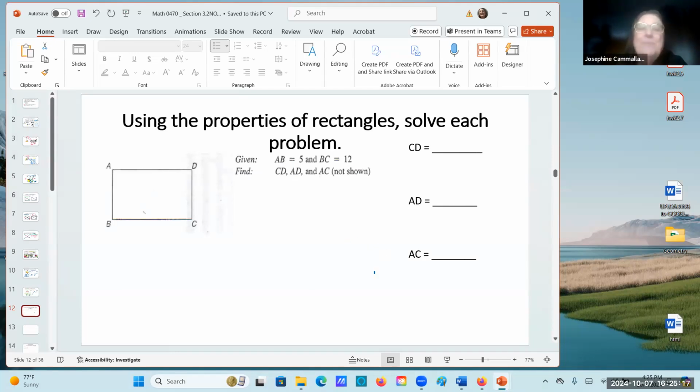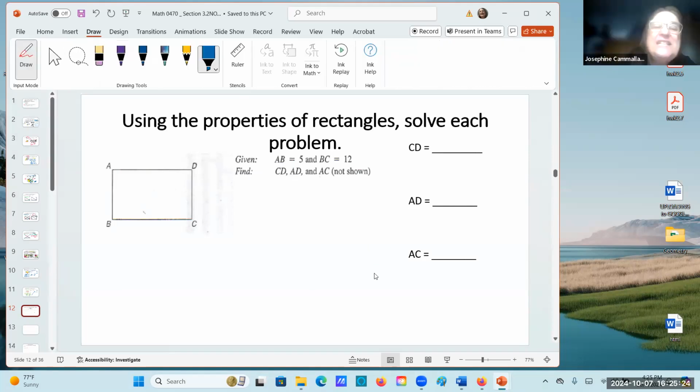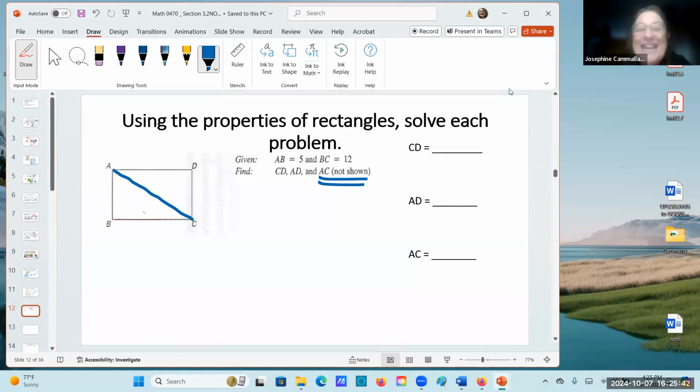Okay. Now, I'm giving you this for a purpose. The purpose is the fact that right here, AC, it's not drawn. It's not shown in the figure, which means you have to draw that blue line. And this is 5. This is 12. Now, some of this we can automatically get.